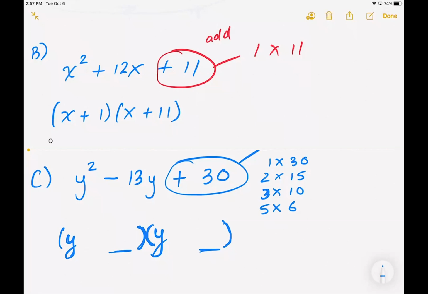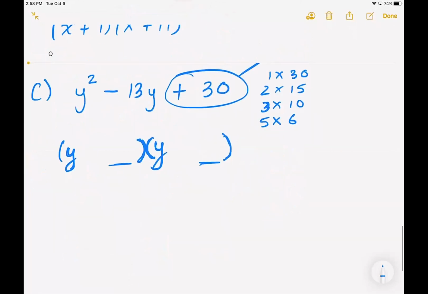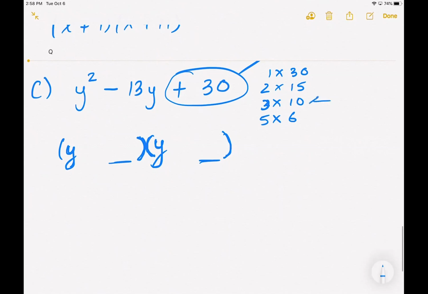Looking at this, there is no number. Don't force yourself. There is no number that adds together to give you 13. Remember, we're thinking in terms of addition, and there is no number: 1 and 30, 2 and 15, 3 and 10. Oh, there is. Sorry. I thought I made a mistake, and actually there is.